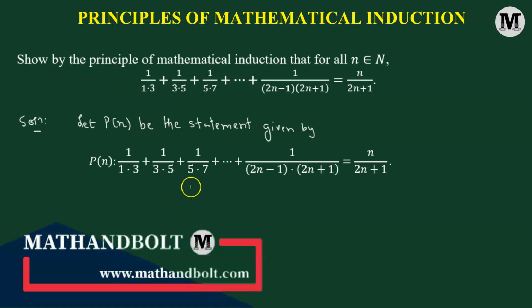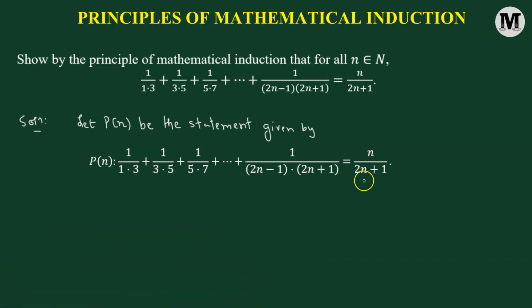Now our goal will be to verify that this particular statement is true for all natural numbers. So we'll start with the first natural number, n equals 1. All we have to do is replace n with 1. Now when we replace n with 1, what we get on the left is only the first term, so that's 1 divided by 1 multiplied by 3.